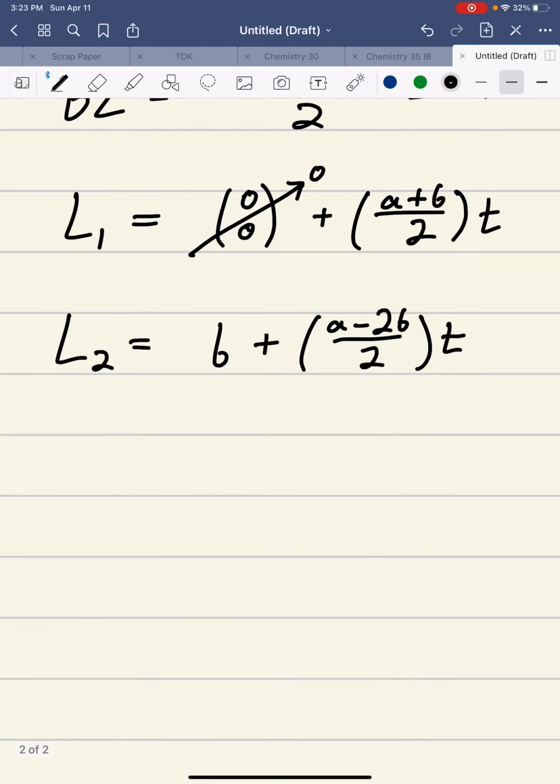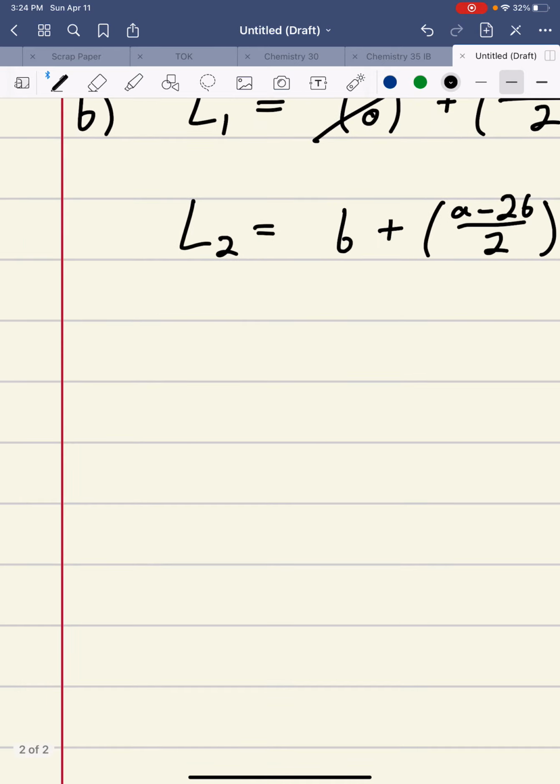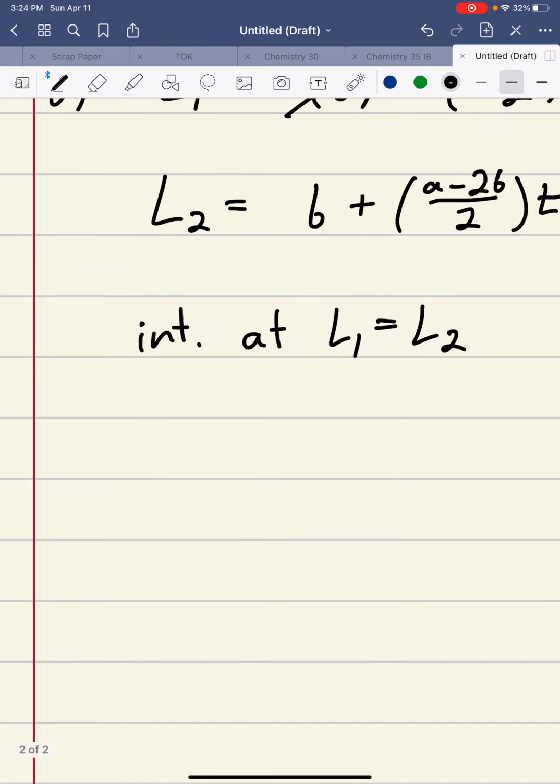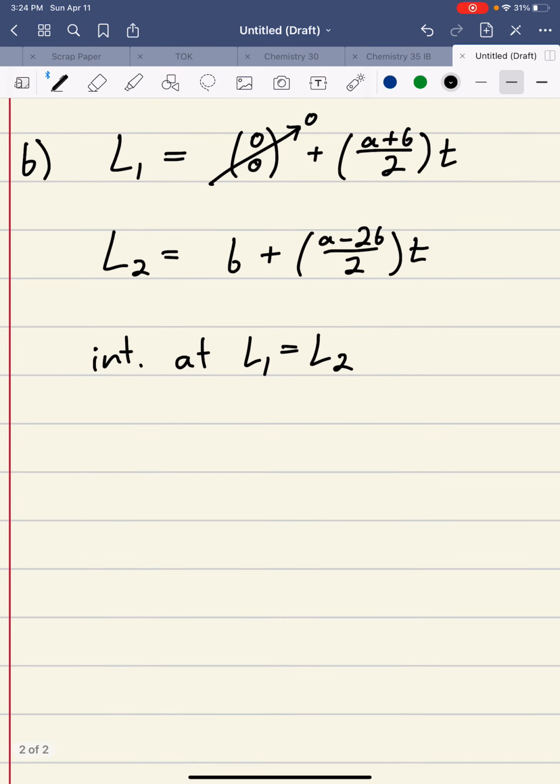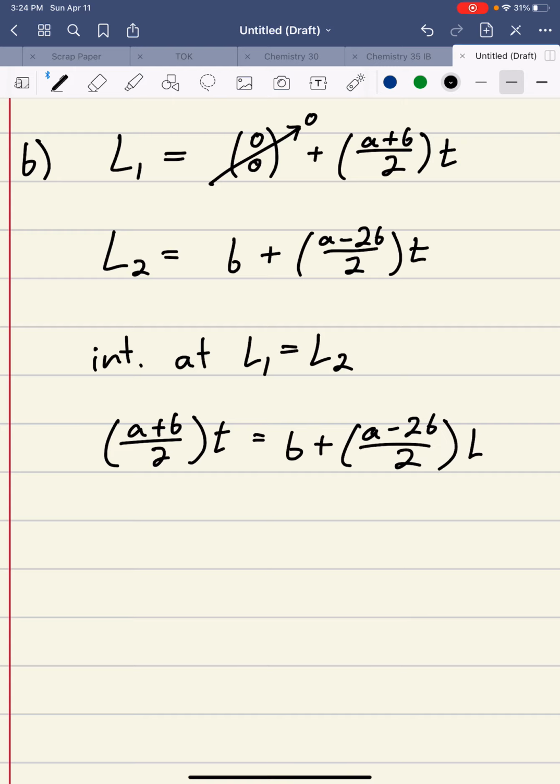Our P is found when you equate these lines to each other and solve for t. So (a plus b) over 2 times t is equal to b plus (a minus 2b) over 2 times t.